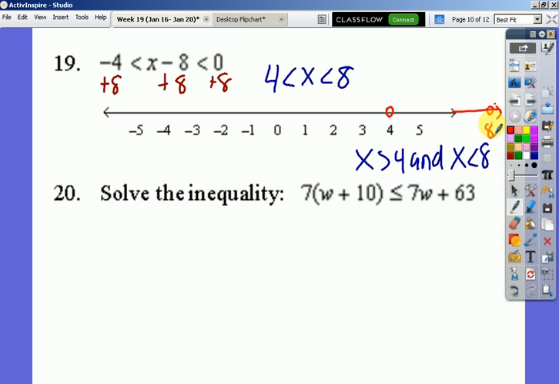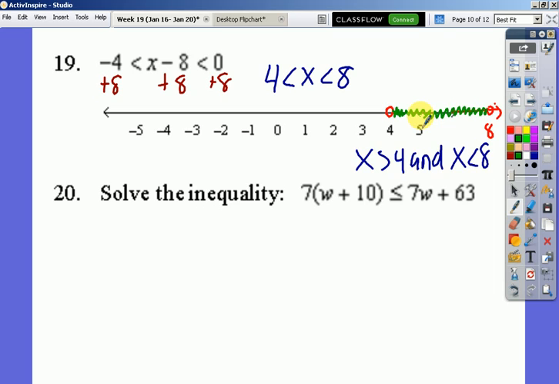And then I have to think about the shading. Do they meet in the middle or do they go opposite directions? They meet in the middle, right. X is greater than 4, so it's all of these, but it's also less than 8. So ands will always meet in the middle. Questions about that?